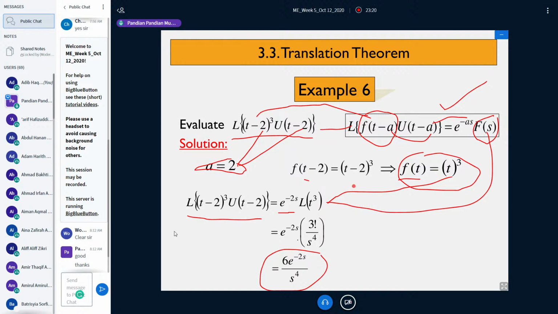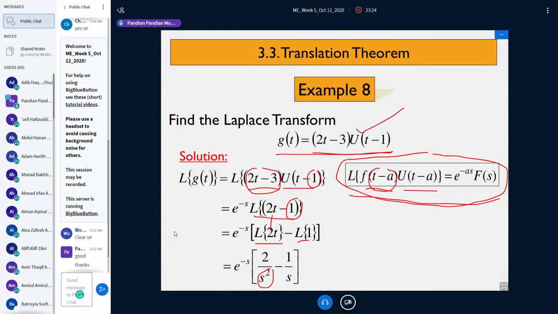This one is very easy, but here is different. So you modify this. Write down here, 2t minus 2 minus 1. But take out 2, t minus 1, minus 1. So the t minus 1, you make it as t. Then this becomes 2t minus 1.